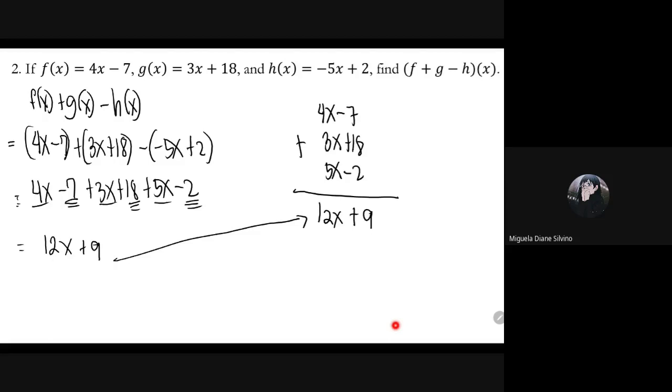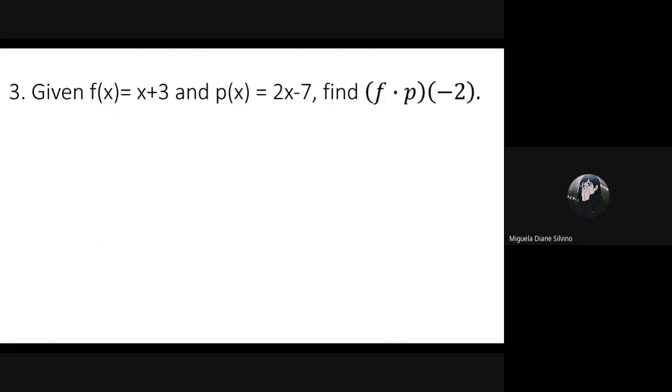Okay? Let's have number 3. I'll give you another 2 minutes, and then type your final answer. So you have to multiply f and p. Afterwards, you evaluate it at negative 2. Go.